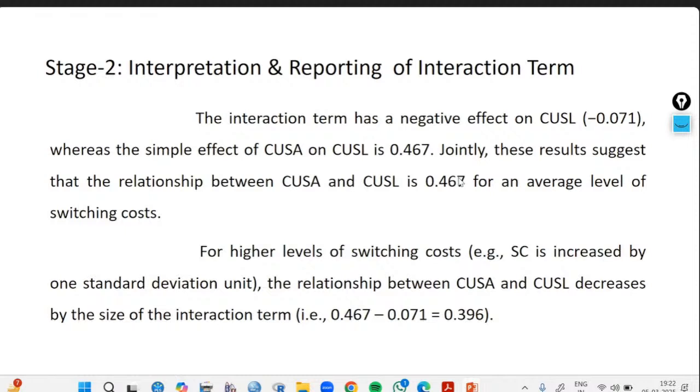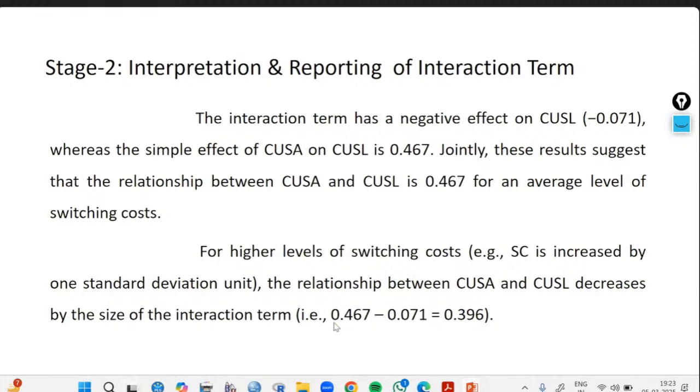Jointly, these results suggest that the relationship between customer satisfaction and customer loyalty is this for an average level of switching cost. For a higher level of switching cost, when you increase the switching cost by one standard deviation, then the relationship between customer satisfaction and customer loyalty decreases, क्योंकि negative sign है.